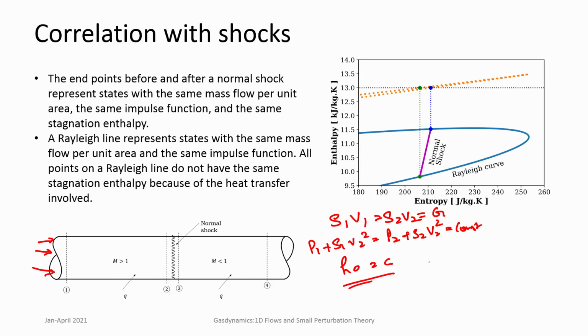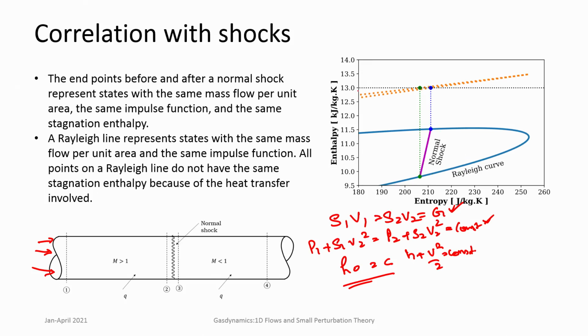So H plus V square by 2 is a constant. But can this be located on a Rayleigh curve? Yes, it satisfies the first two equations, which are the ones which actually plot the Rayleigh curve. So it will satisfy the Rayleigh curve.